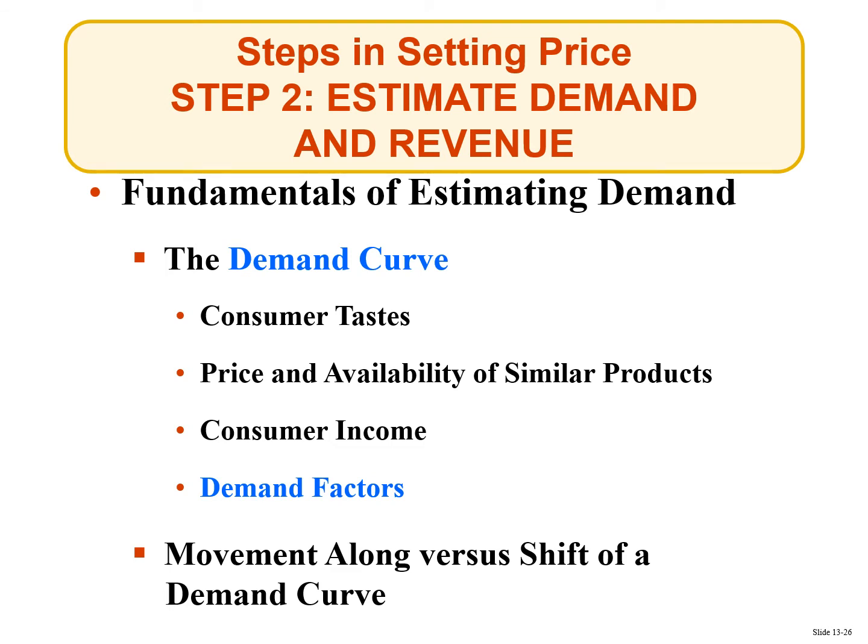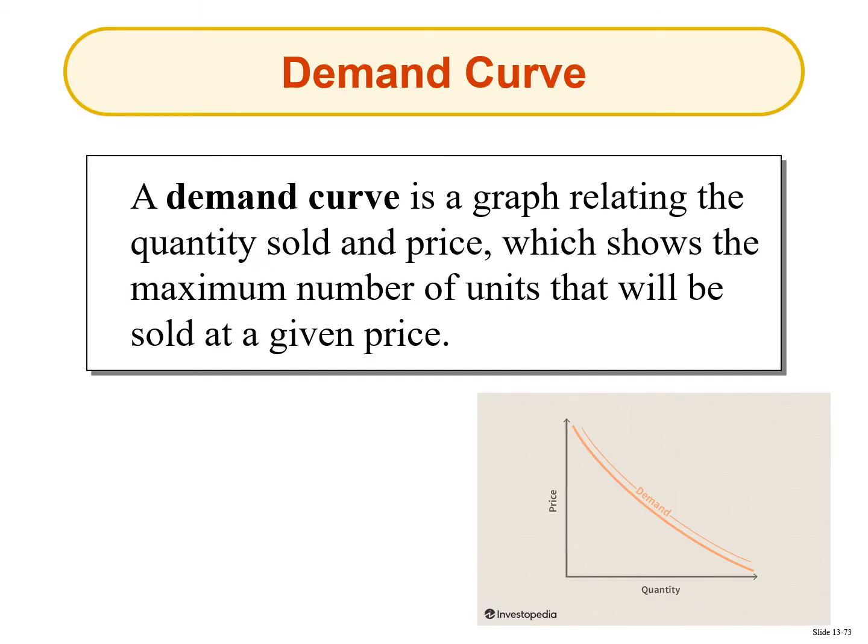And we're going to talk about demand factors. So we're going to talk about first what a demand curve is, and you might have seen this before, but it's a graph relating the quantity sold and price. So we can see that on the x-axis we have quantity, and on the y-axis we see price.